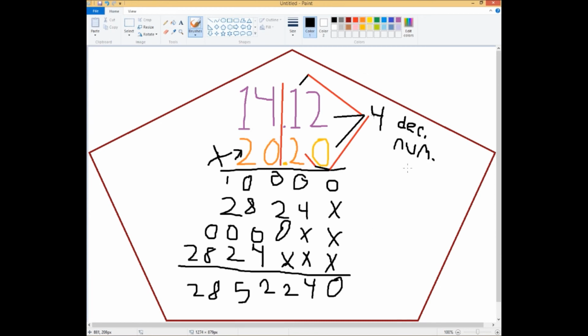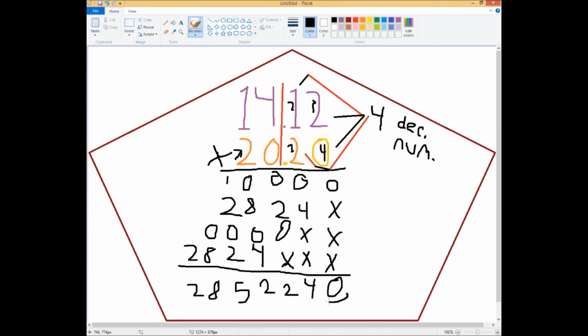So remember, 4 decimal numbers means 4 spaces, right? Because I counted 1, 2, 3, and 4. So that would be 1 decimal number, 2 decimal number, 3 decimal number, and 4 decimal number. So 4 decimal numbers equal 4 spaces, like I just said. I don't know why I keep on repeating myself.